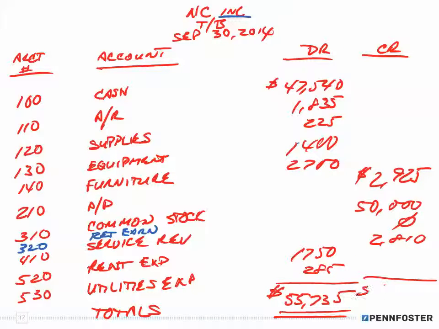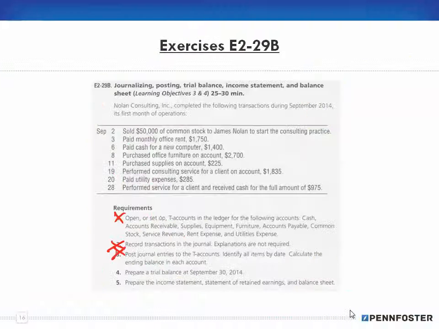And I do the same thing for the credit column. $ sign, when I add these four numbers up, I get 55,735 and a double underline. Okay, my debits equal my credits, and this is my trial balance. Now, if the debits didn't equal the credits, obviously I would have to go back and find my mistake wherever that was. Okay, so that's my trial balance.